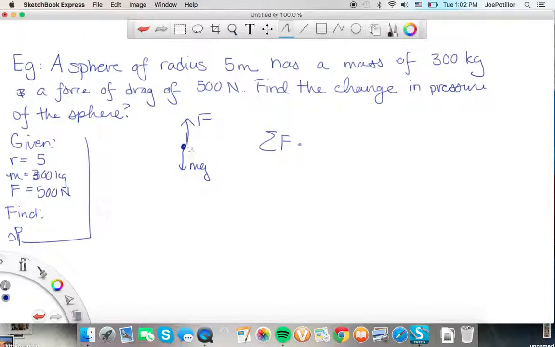By the way, mg will actually in this situation be bigger, I can just tell you. So the sum of forces is mg minus F.